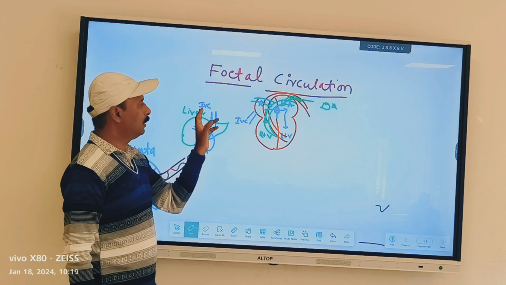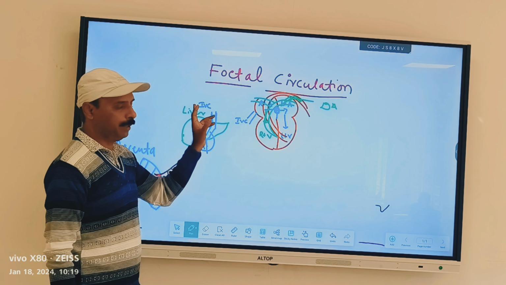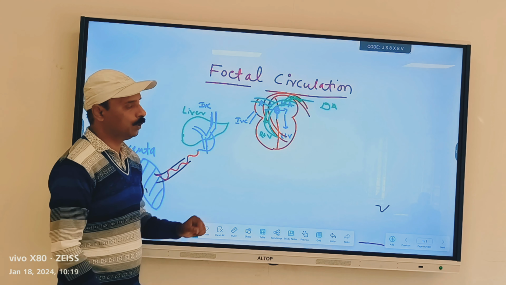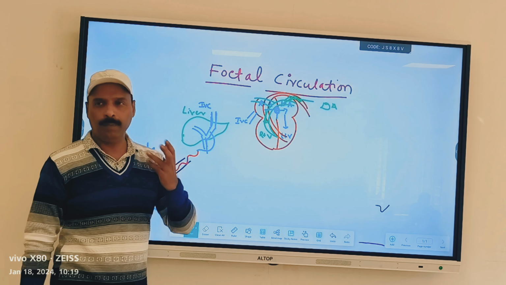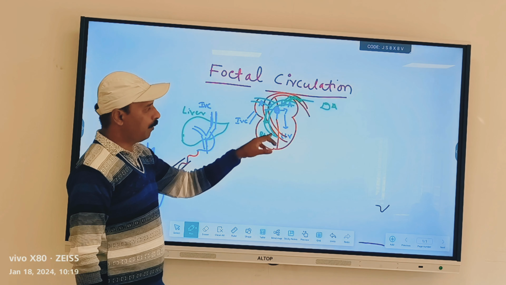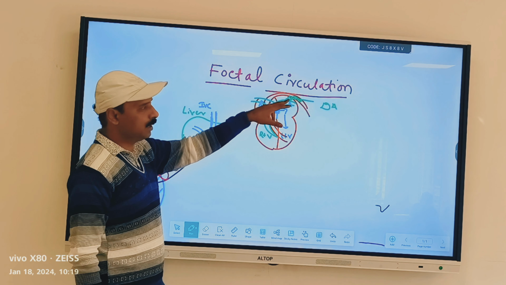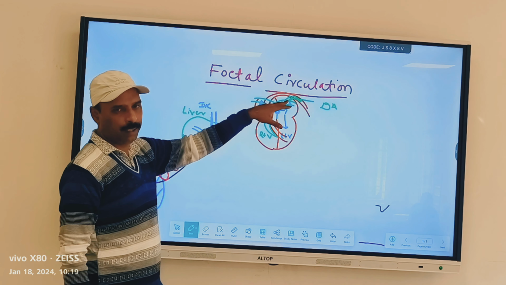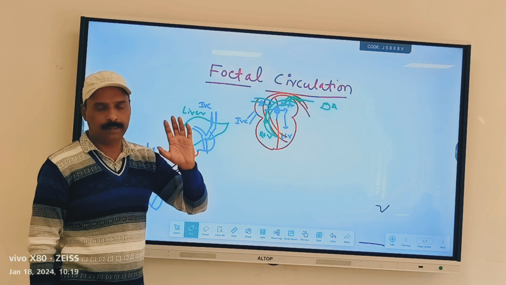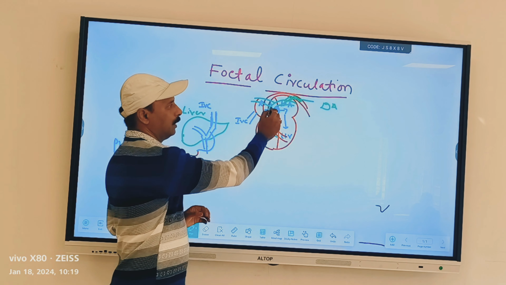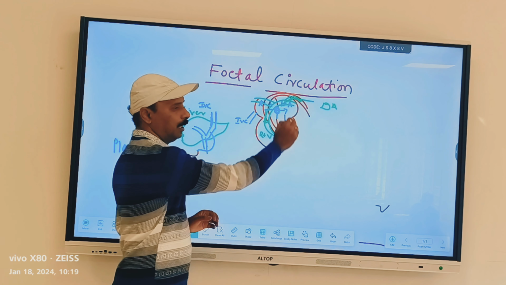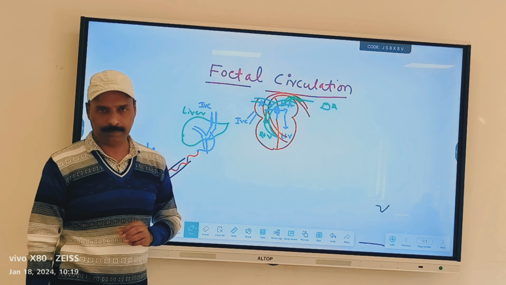Then, the blood from the inferior vena cava opens into the right atrium. Directly from the right atrium, blood goes to the left atrium through the foramen ovale. Then the blood from the pulmonary trunk communicates with the aorta, and the maximum remaining part goes from the pulmonary trunk to the aorta; this communication we call the ductus arteriosus.